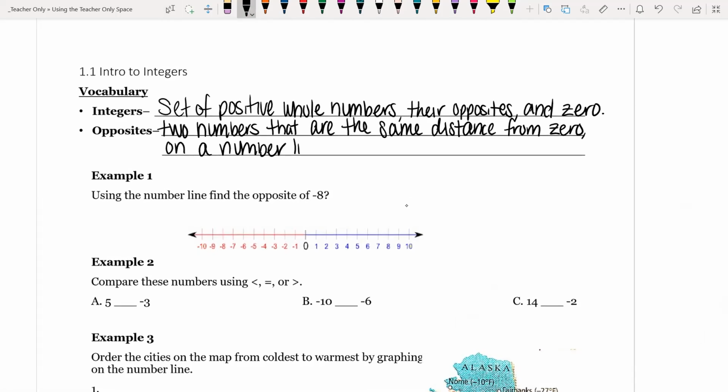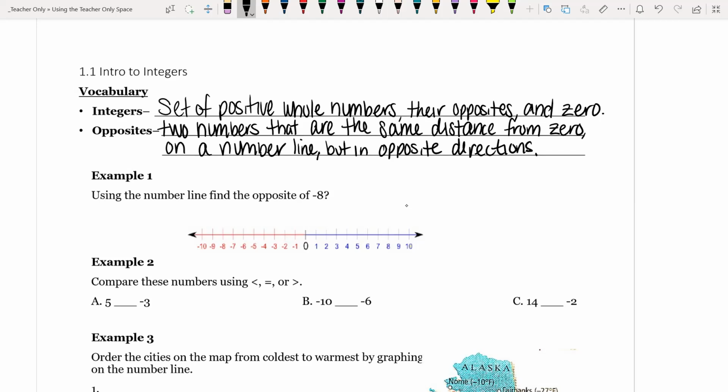So two numbers that are the same distance from zero on a number line, but in opposite directions. Okay.